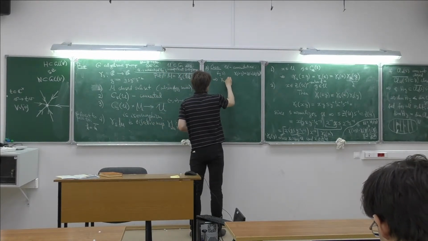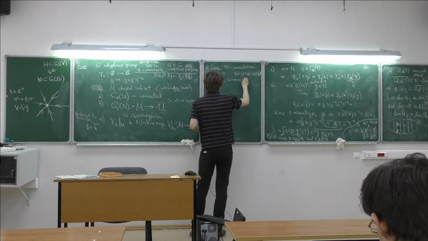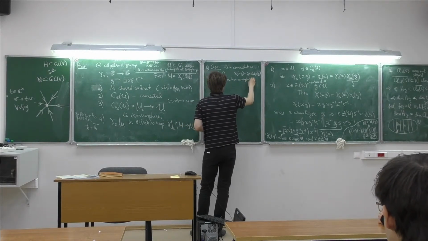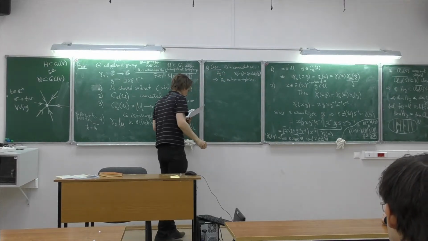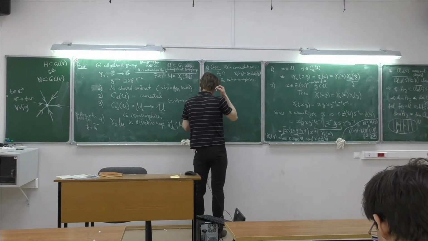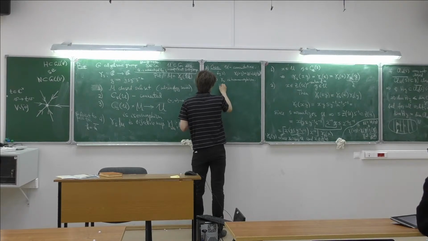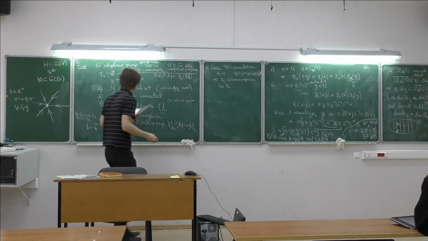So gamma s is a homomorphism. And the kernel, notice that the kernel of this homomorphism, the kernel of gamma s, is precisely the centralizer.